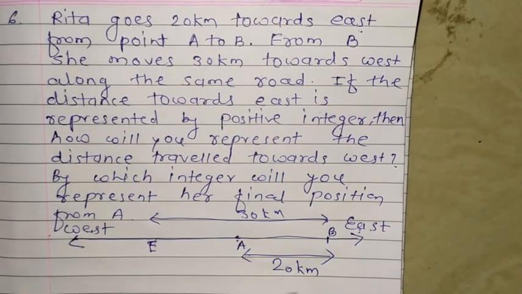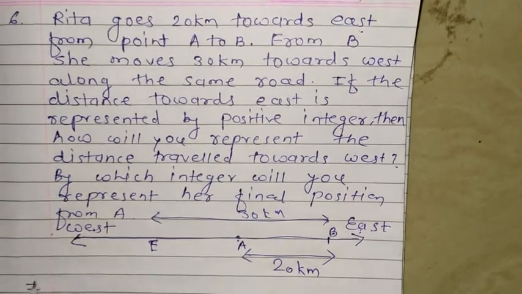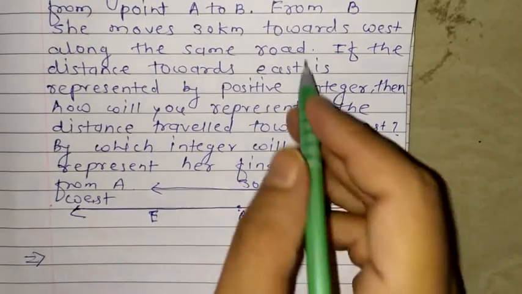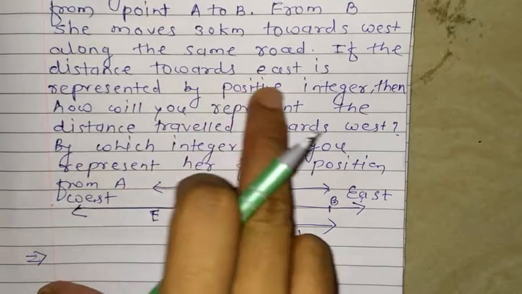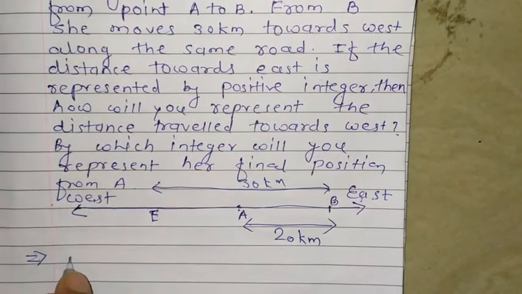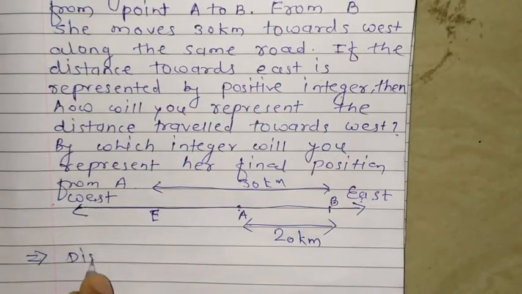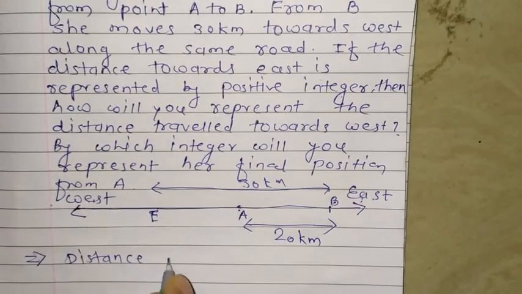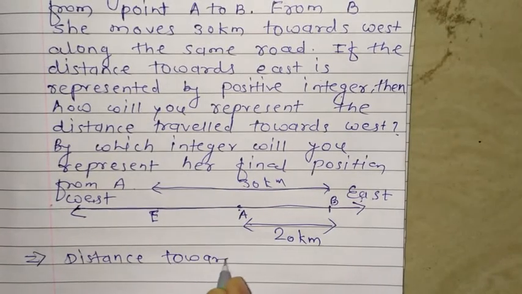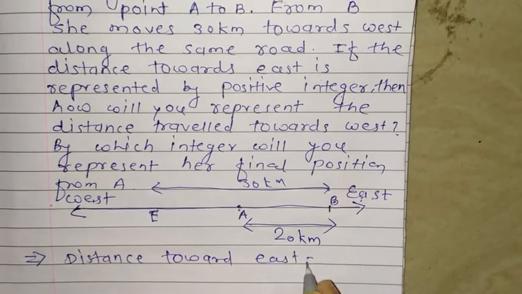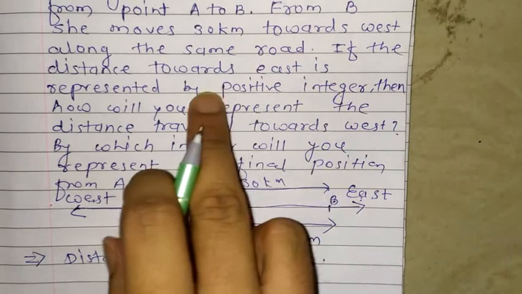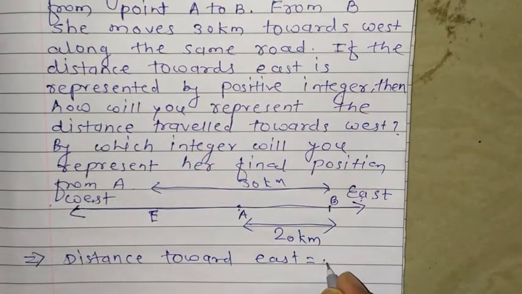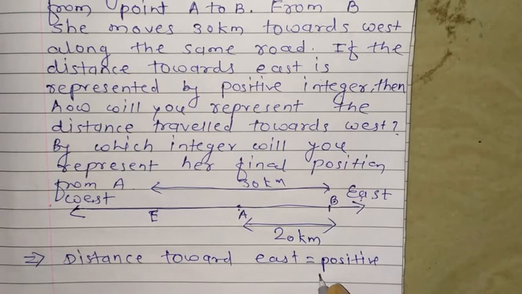It is definitely negative, so you can write in the answer: the distance towards east is a positive integer.